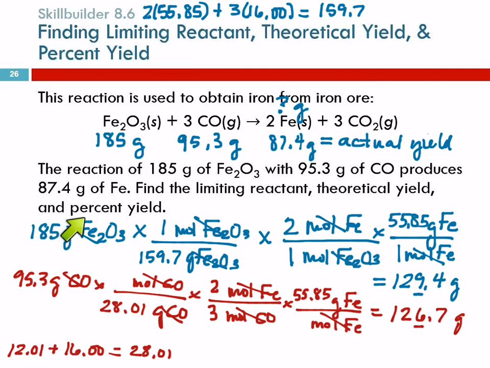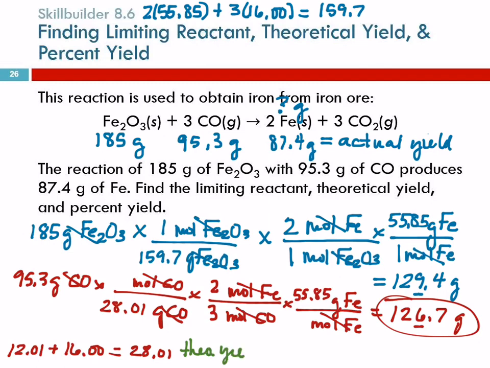If I use up all the iron 3 oxide, I make 129 grams. If I use up all the carbon monoxide, I can make 126.7 grams. So what's my theoretical yield? It's this one. So that's my theoretical yield. Let's do a different color here for our answers.